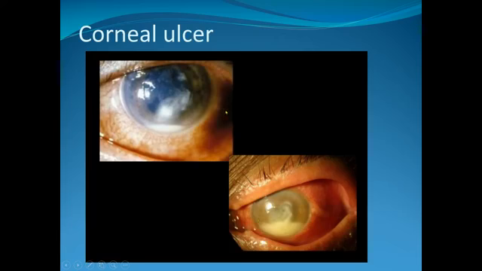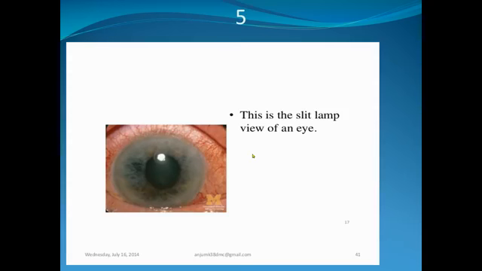There is another picture that may come in another OSPE station. The question may be related to corneal ulcer. There is another picture. This is the slit lamp view. This is the conjunctival congestion, corneal edema, and the pupil is dilated.